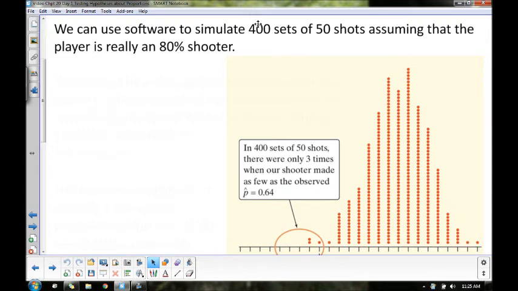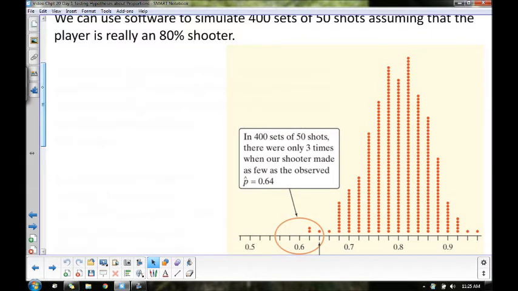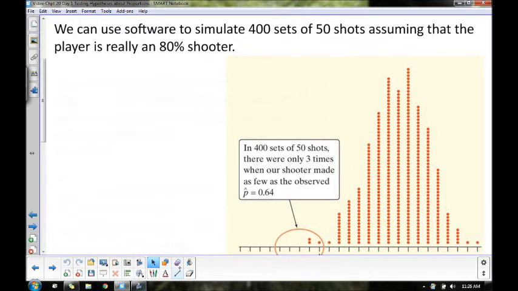Each sample contains 50 free throws of a person with an 80% accuracy rating. If that is the case, what is the distribution of his resulting free throws? You can see here it's an approximately normal curve because we have quite a few shots. And if we look at this sample run of data, there were only 3 sets where he made 64% of his shots or fewer.